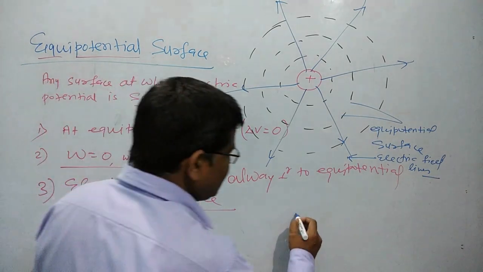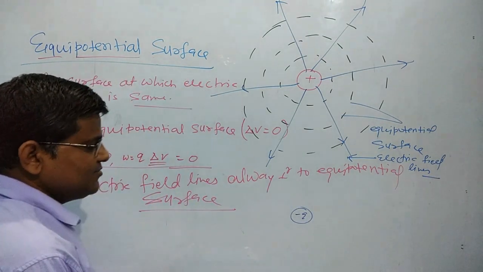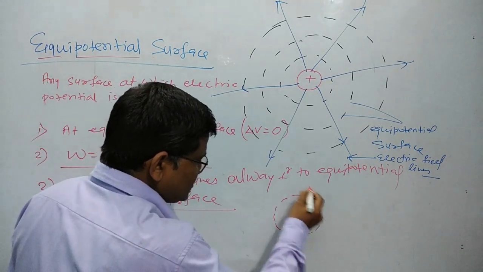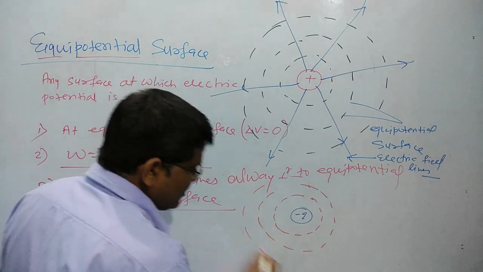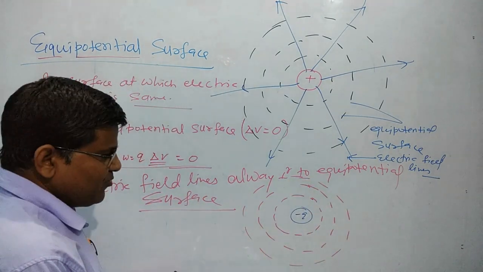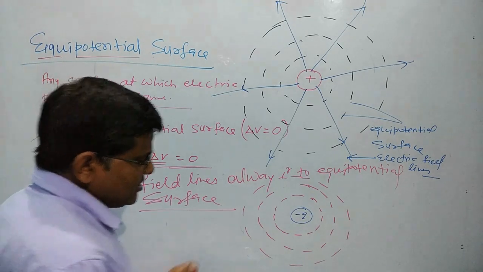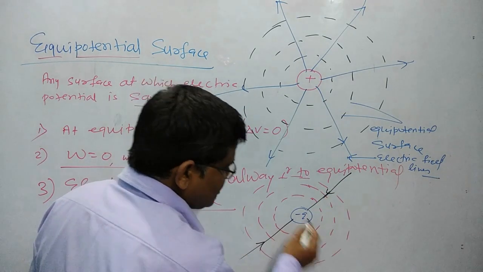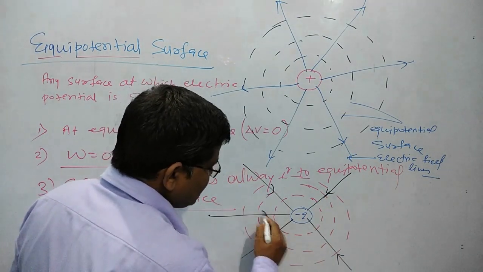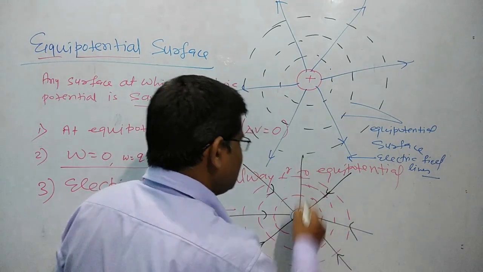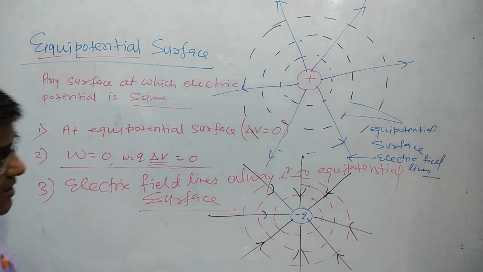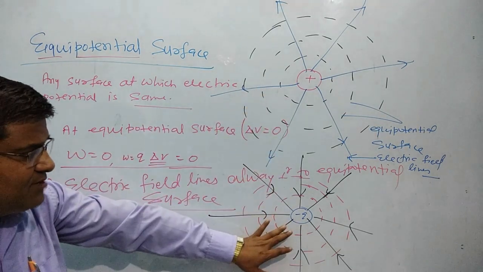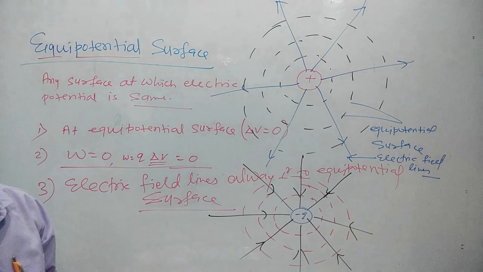Similarly for a negative charge, suppose this is the negative charge, then the equipotential surface is like this, symmetrical. This is the equipotential surface, and the electric field is in what direction? It is asked by examiners many times: what is the equipotential surface due to a positive charge, due to a negative charge, and for a system of charges.